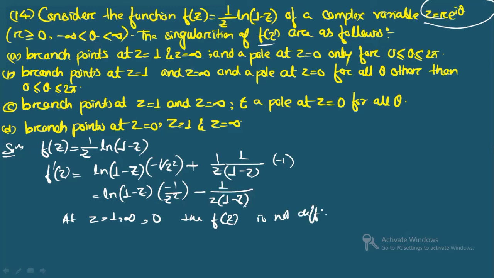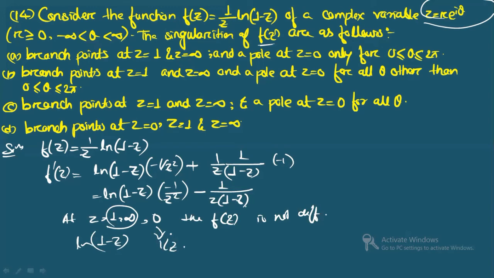Why is it not differentiable at these points? Because at branch points the function is not differentiable; we have seen this in the characteristics also. So these are the branch points: z equals 1, infinity, 0. Yes or no? This branch point you are getting from ln(1 minus z), and this you are getting from 1 by z.